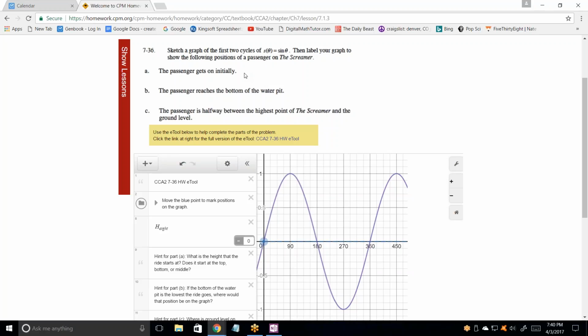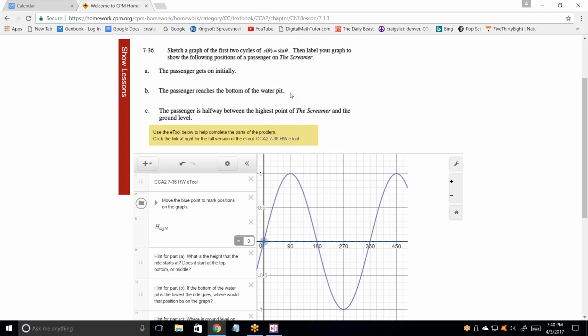Passenger gets on initially. At what point? 0, 0. In other words, when the angle is 0 degrees, s of theta is also 0. Passenger reaches the bottom of the water pit where?